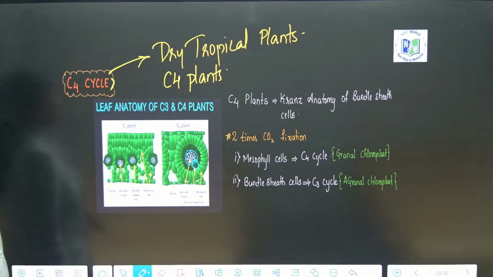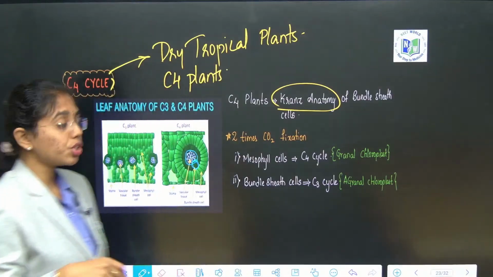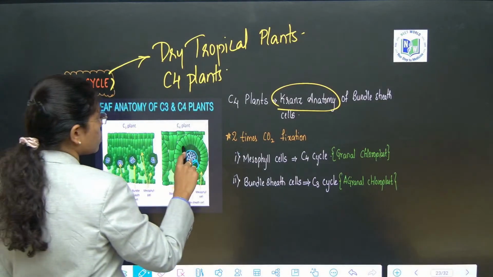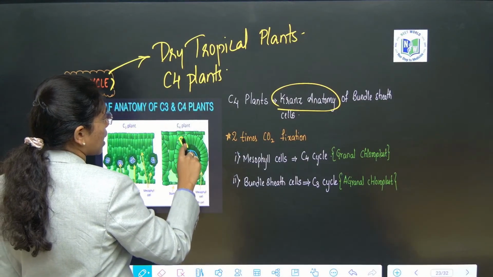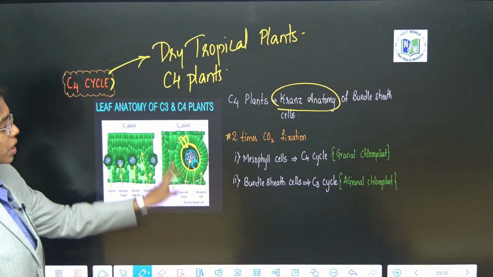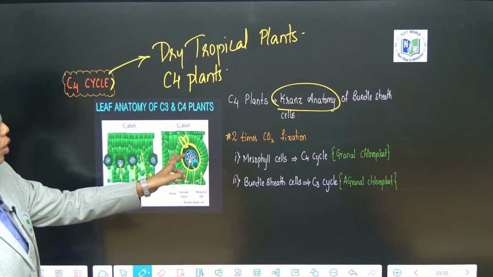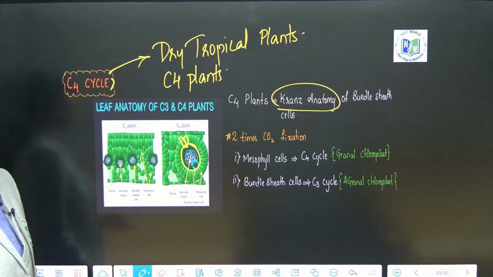What is Kranz anatomy? Large bundle sheath cells surround the vascular bundles, in 2 to 3 rows, in multiple rows.